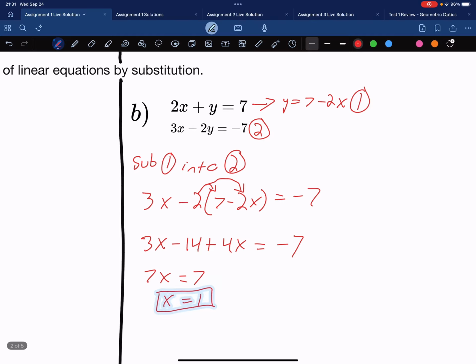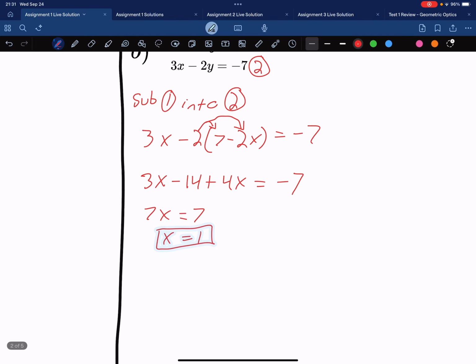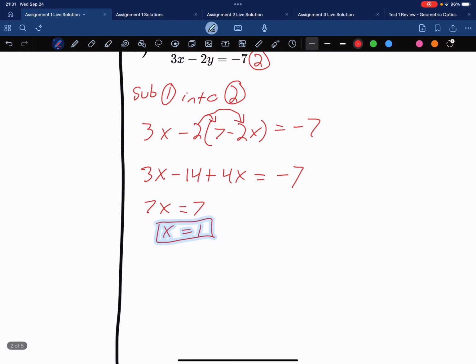In this case, let's use equation 2 this time. So we will sub x equals 1 into equation 2. And equation 2 is 3x minus 2y equals negative 7. Now instead of x, I'll put a 1.